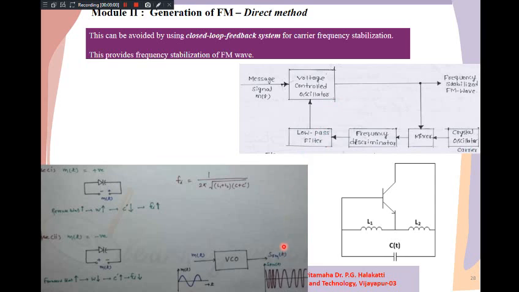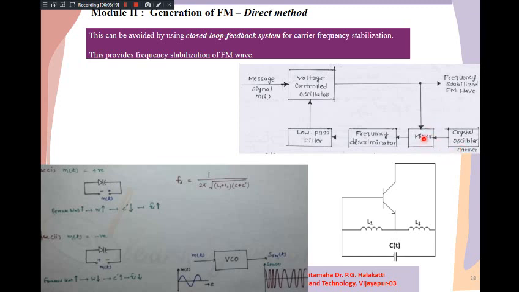So this is what we are getting, the frequency modulated output at the output side of the VCO. But how to stabilize this? It is applied here to the mixer, where we compare the frequency modulated output with the locally generated frequency.